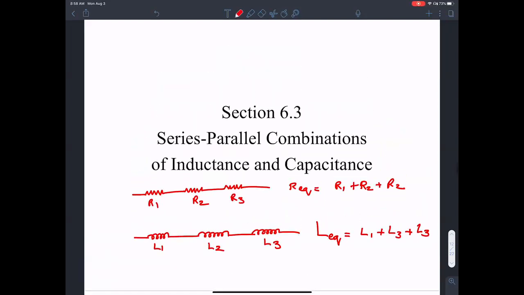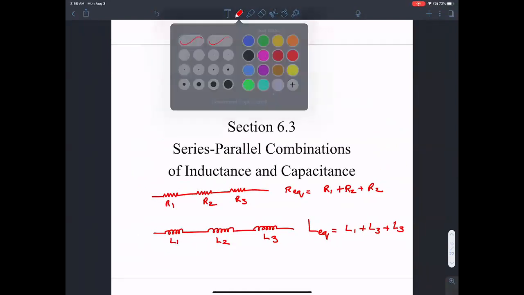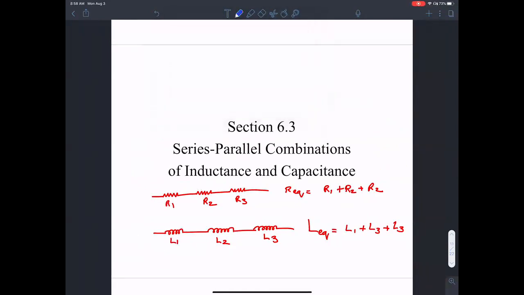So now let's take a look at parallel connection of resistors.